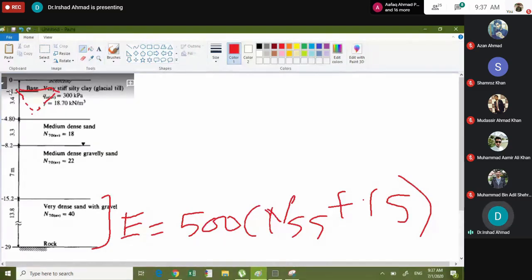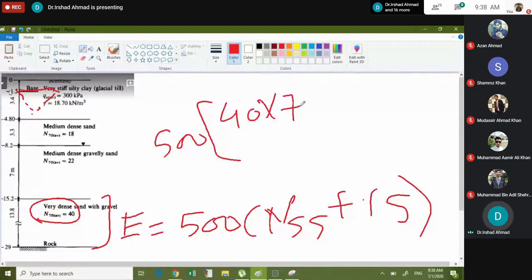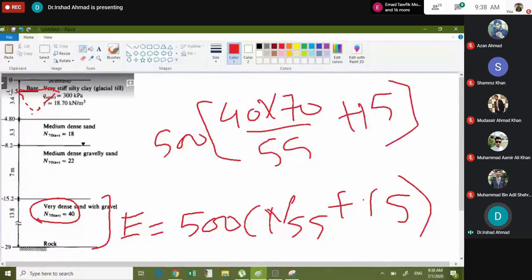So to apply this equation, you have N70 is equal to 40. First you have to convert N70 into N55. It's very easy. 500 into 40, which is N70, multiply this with 70 and divide this with 55, plus 15.